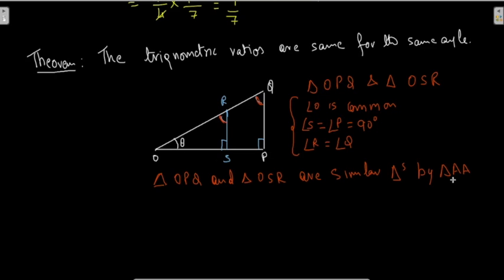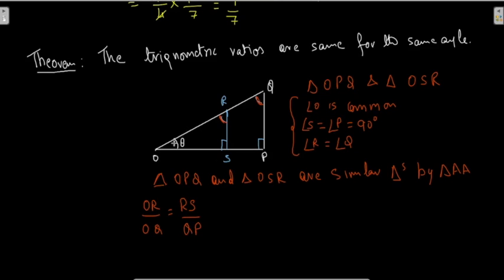And what is the property of similar triangles? The ratio of the corresponding sides is equal, which means OR over OQ is equal to, corresponding sides we have to take, okay? RS over QP.